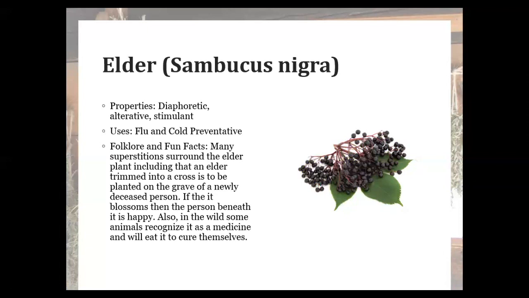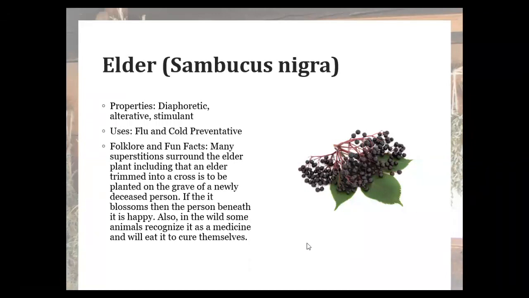And what that means is that the animals have an innate knowledge within themselves of plants that can make them feel better when they are not feeling well. And this has been studied in elephants. Elephants have a knowledge of several different plants that they can seek out to help them with various things.